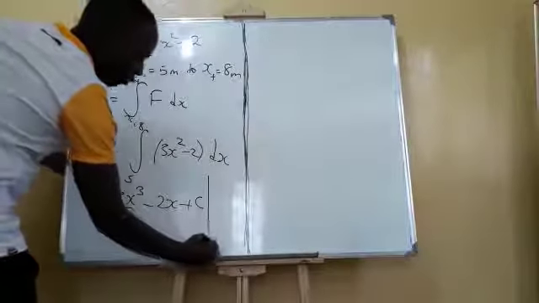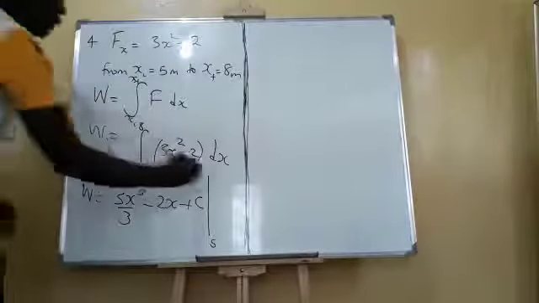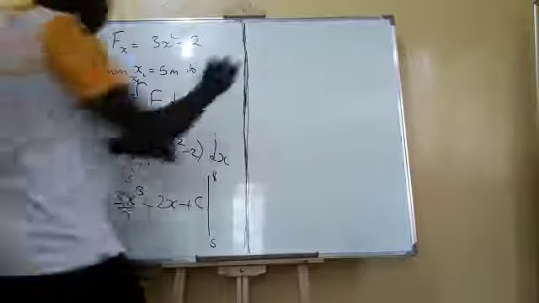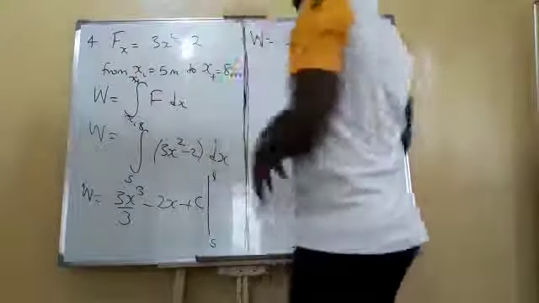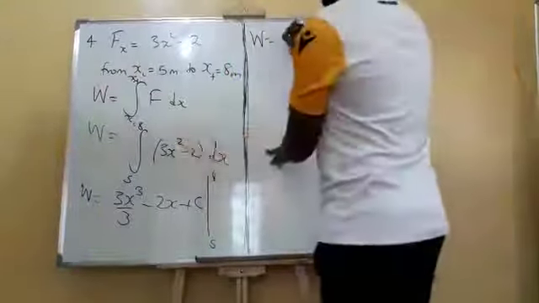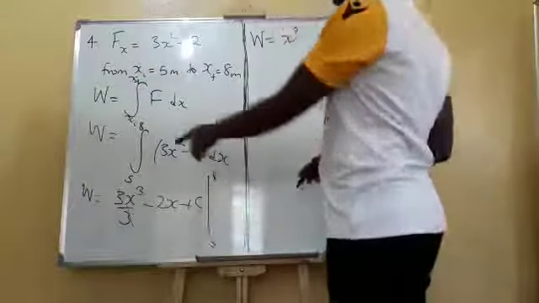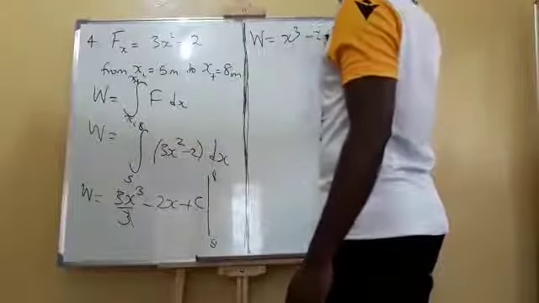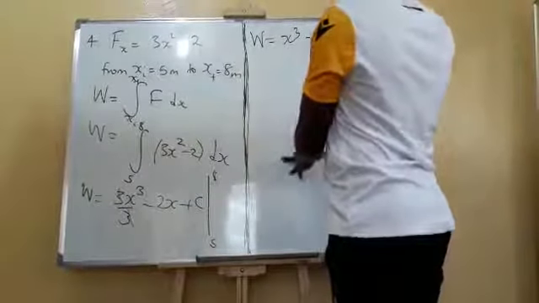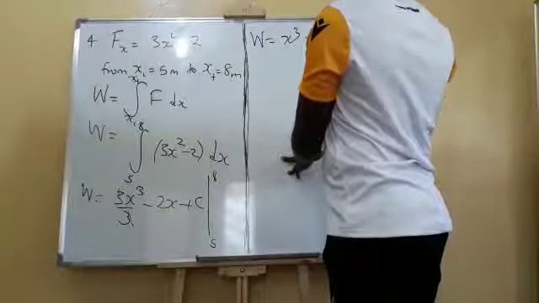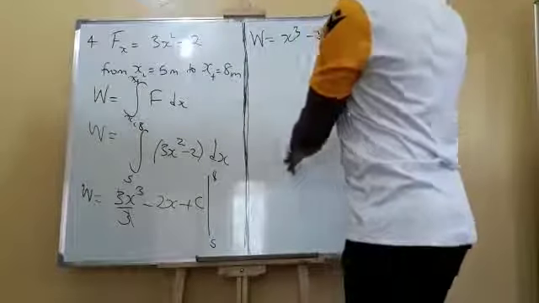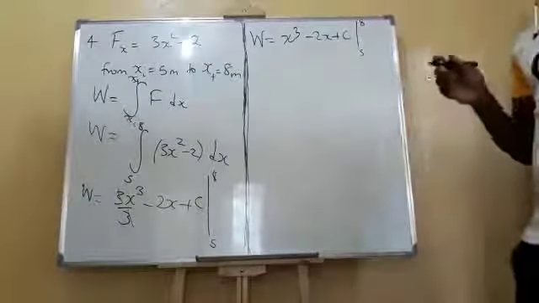We are moving from x is equal to 5 to x is equal to 8. So the work done will be equal to x cubed, the 3 will cancel, minus 2x plus a constant of integration, when you are moving from x is equal to 5 to x is equal to 8 meters.